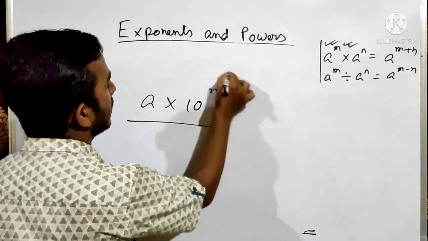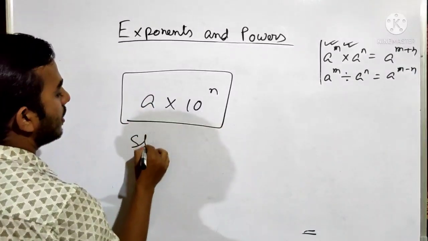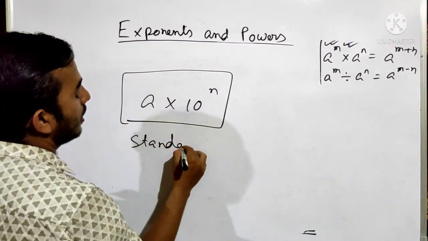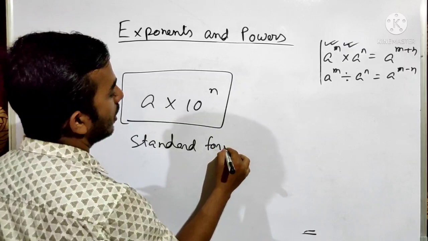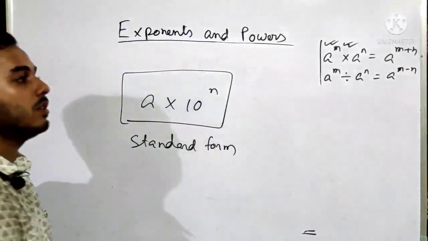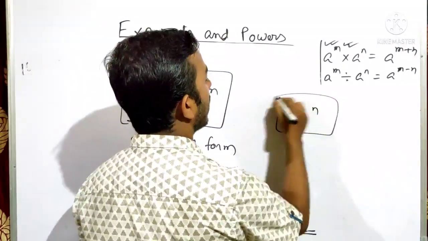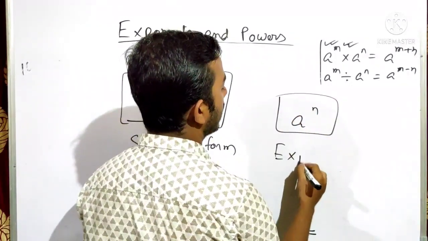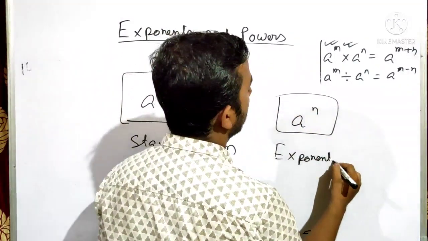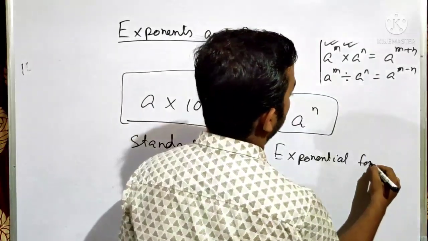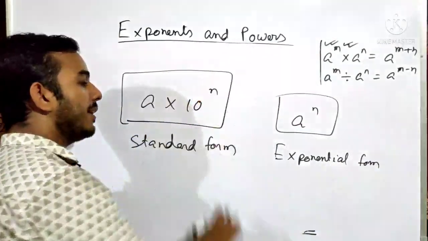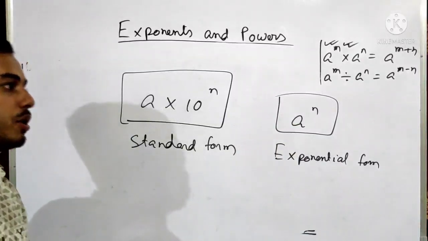And the form a power n is known as exponential form.